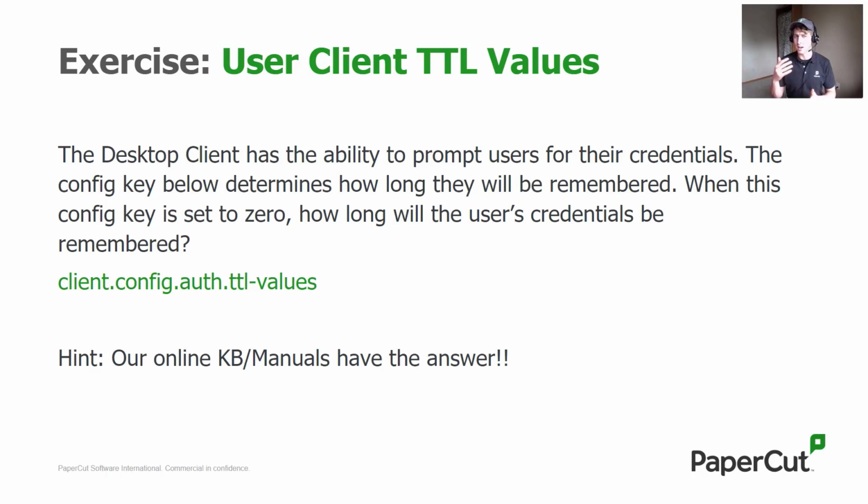And there's a lot of different values that you can use. But what I'd like you to find out is what happens if you set that key to 0? How long will the user's credentials be remembered? And I also want to throw you another curveball. Maybe look for some other keys that are not as obvious. Maybe, I don't know, a -1, or even maybe a -2. And let me know what you come up with.